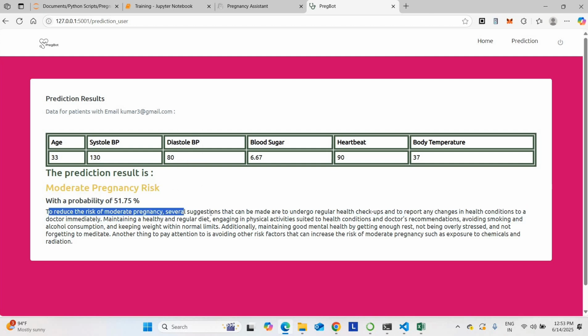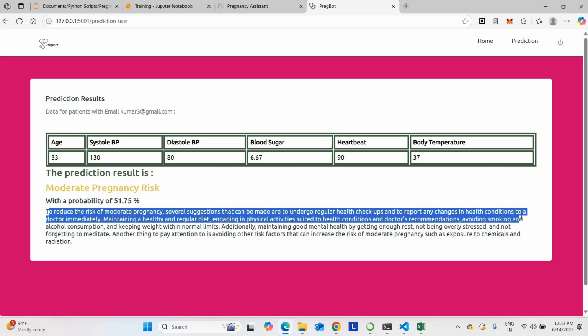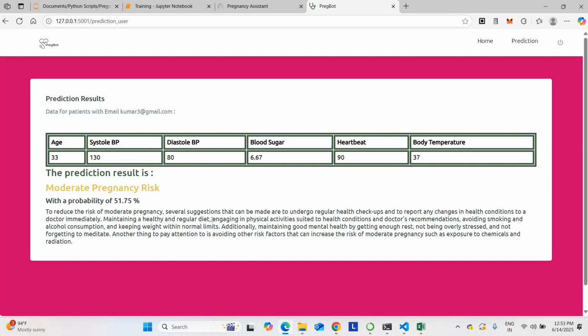To reduce the risk of moderate pregnancy, several suggestions can be made. You have to go for regular health checkups. You have to follow a regular diet. You have to strictly discuss any changes in the health condition with the doctor immediately. You should maintain a regular diet, and engage in physical activities suitable for your health condition as well as the doctor's recommendation. You should avoid smoking as well as alcohol consumption.